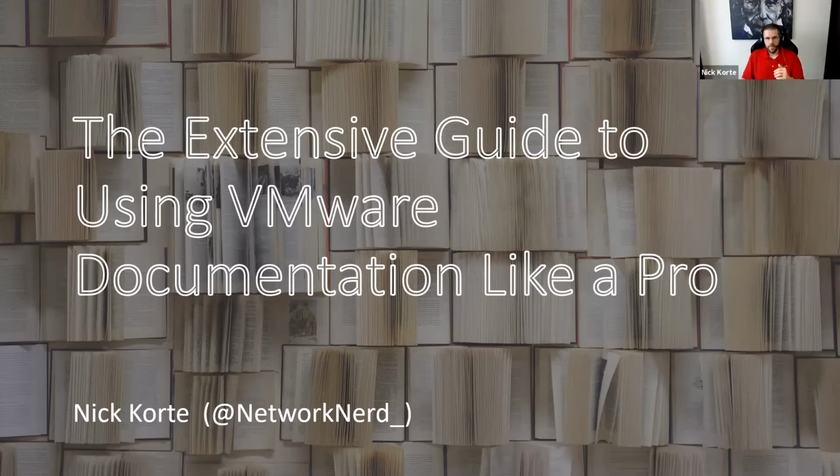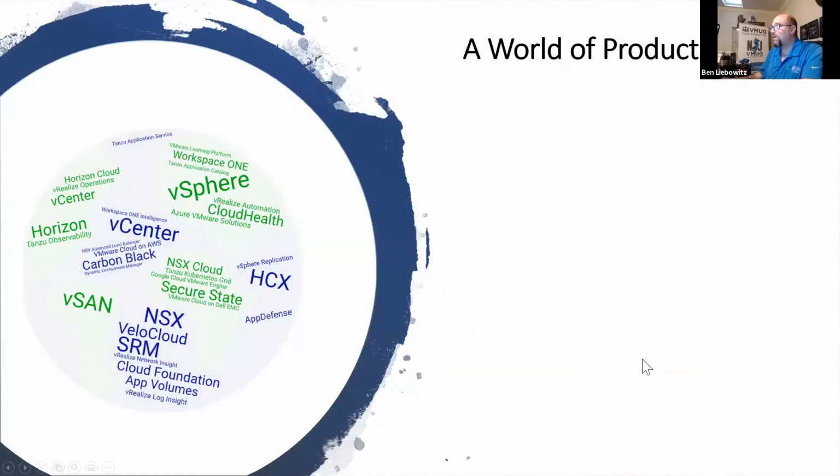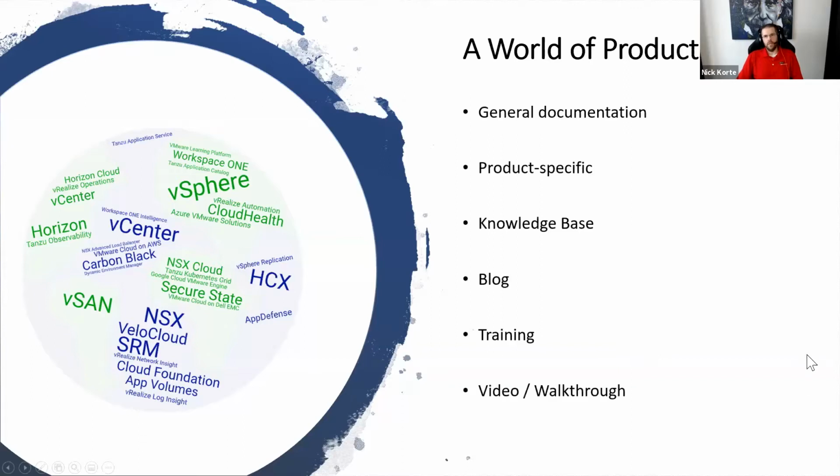So here we go. Think about all the different products that VMware has to offer and where you've seen documentation before. It might be general documentation about something security related that VMware does, or product support, some product specific functionality, a knowledge base article, a blog, some kind of training course, videos, walkthroughs. They're all out there, even in vExpert blogs.